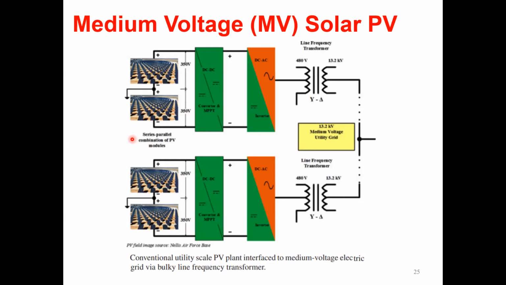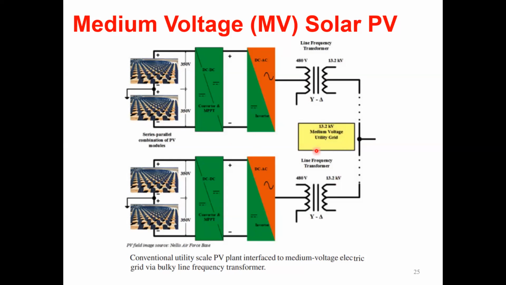if I understand right. So for such applications, basically what you do is you connect several solar PV panels in series and parallel, and then you use a DC to DC converter, and then you have an inverter, and then you connect to a line frequency transformer and then interface to the grid, depending on what voltage you need.